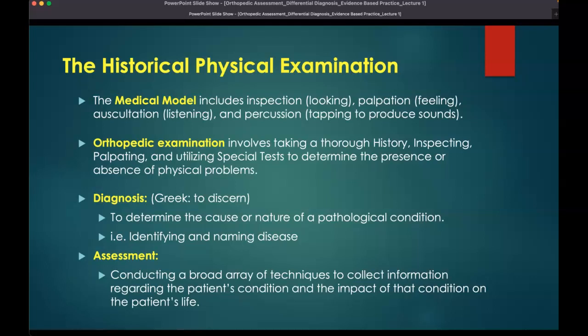So in that medical model, like the orthopedic model, it includes inspection and palpation. So we're looking, we're observing, and we're touching the patient. I think that's where we have a lot of the overlap. But then we certainly can see that in the medical model, they're going to spend a lot more time in the auscultation and percussion components in a patient evaluation. And by auscultation, I mean heart, lungs, right, and abdominal listening.